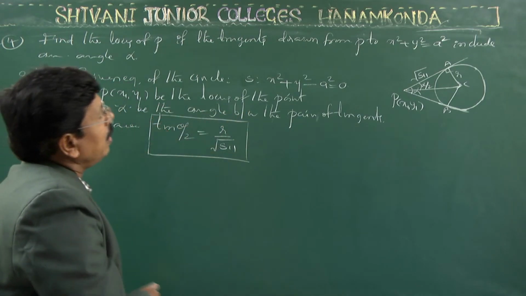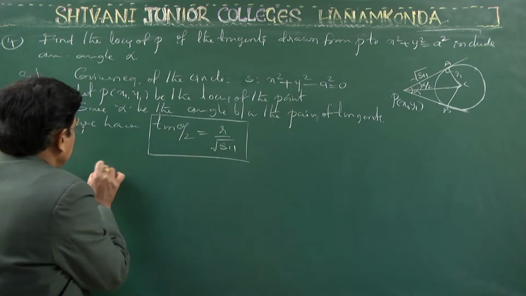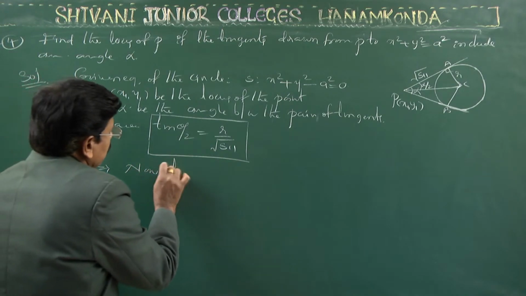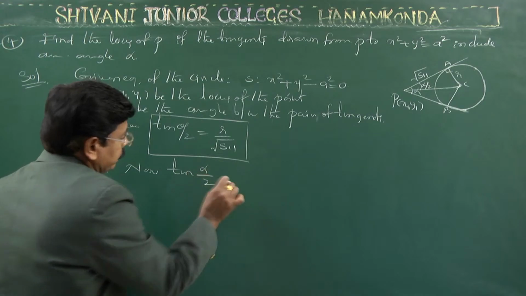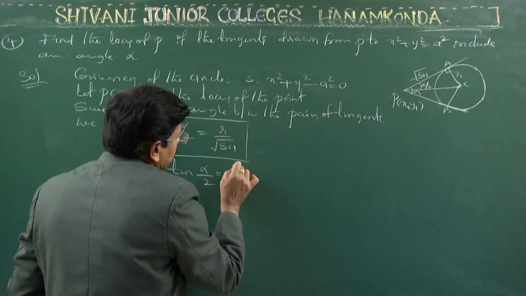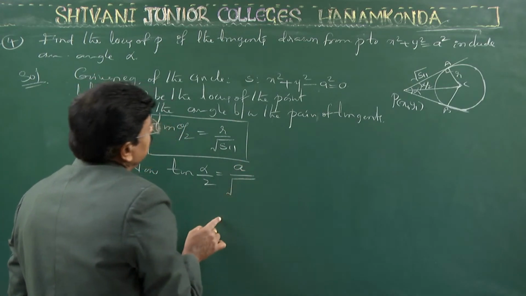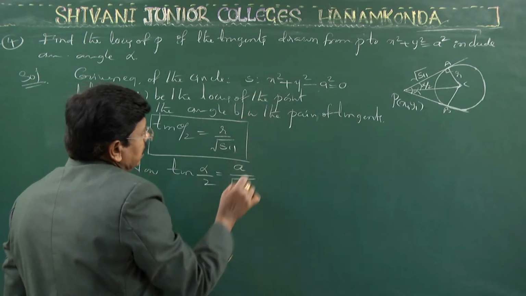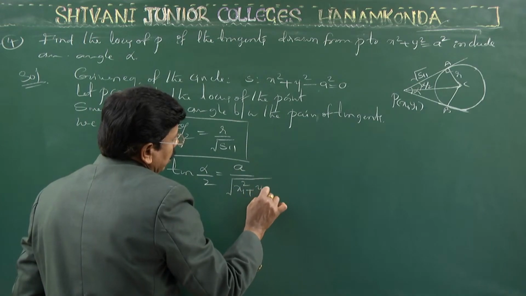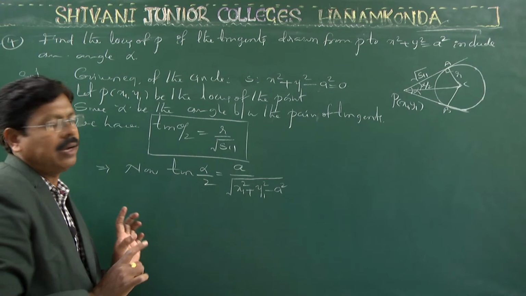Here r is the radius of the given circle, a. S11 means in place of x and y we put x1 square plus y1 square minus a square. Now we can find the value of tan alpha by 2.